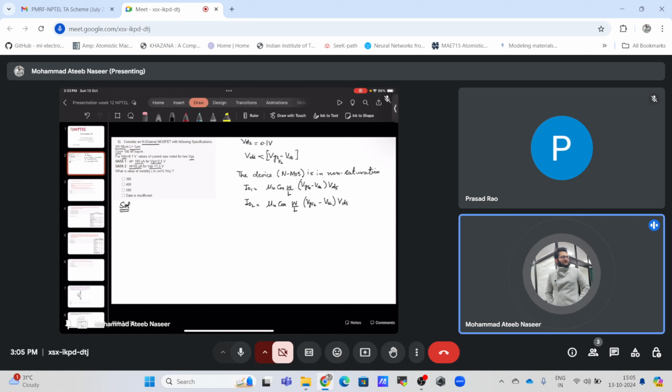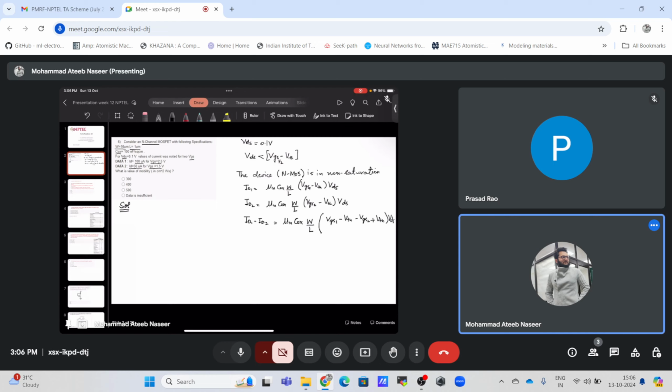If we subtract ID2 from ID1, it will simply give mu n Cox W over L times VGS1 minus VTH minus VGS2 plus VTH times VDS.